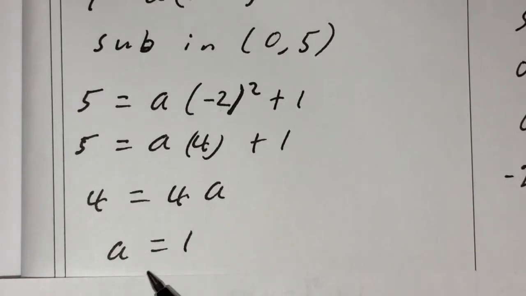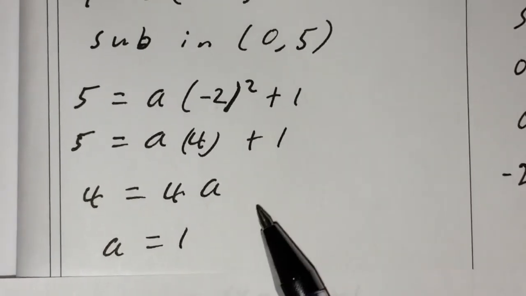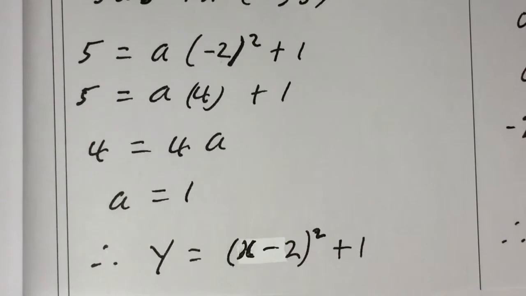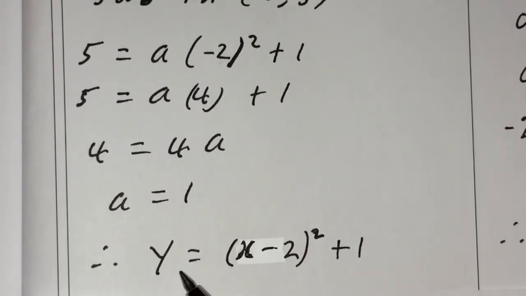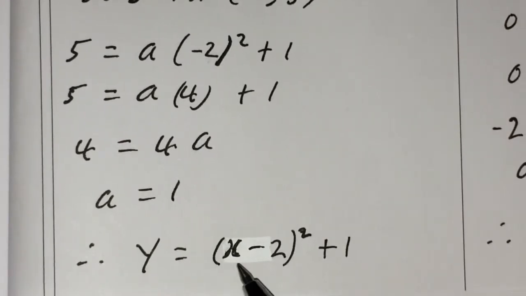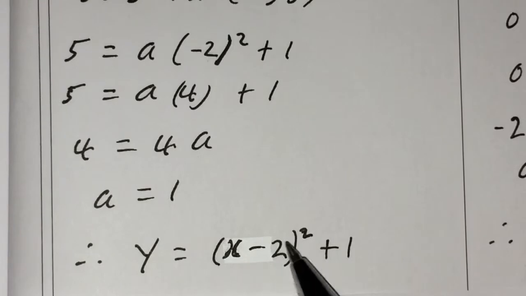Divide by 4 on both sides, you get a equal to 1. So now you have the quadratic function y equals 1, but we don't put a 1 there, (x minus 2) squared, because 2 was h, plus 1, which is k.